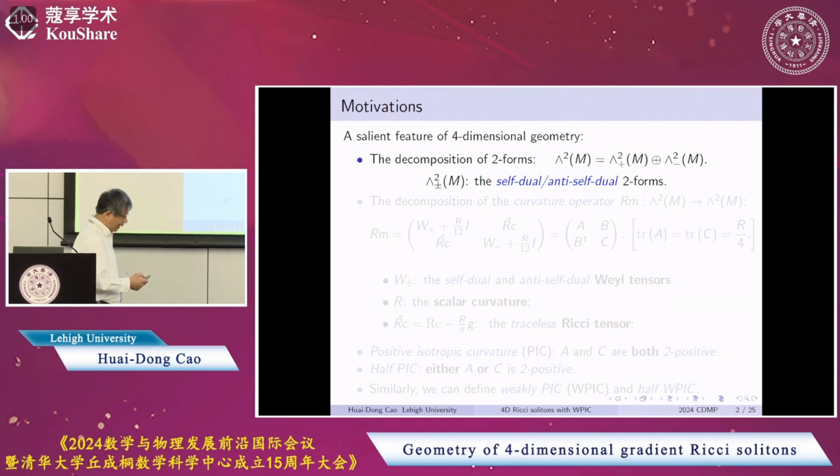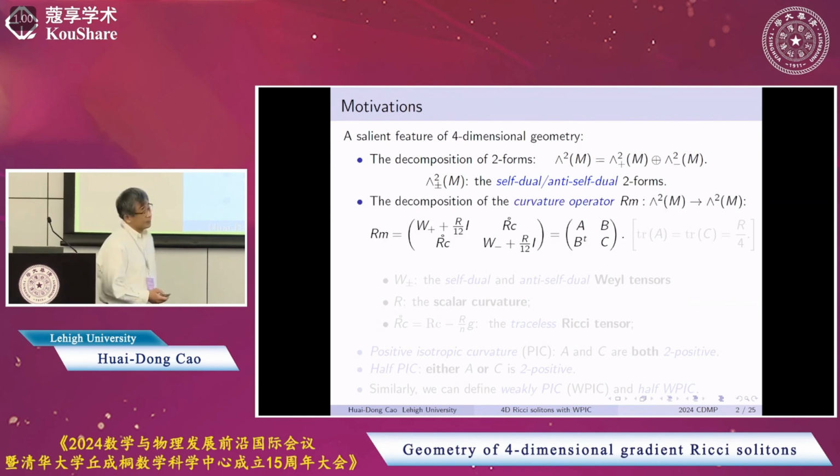Correspondingly, you have the curvature operator, which acts from two forms to two forms, a self-adjoint bilinear form if you want. So in this case, you have the corresponding block matrix decomposition of the curvature tensor into four pieces.